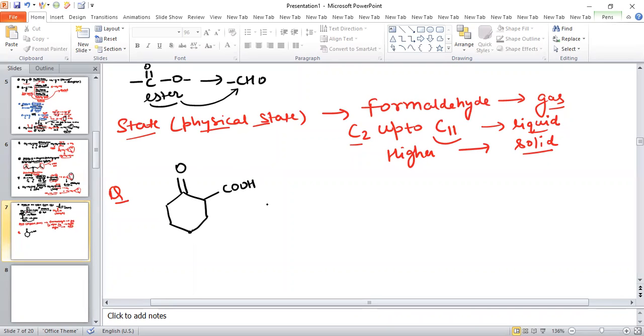I am giving a mixed question: when you heat this compound, find which product is obtained. I am waiting for your answers. Can you identify this reaction? What is the answer?